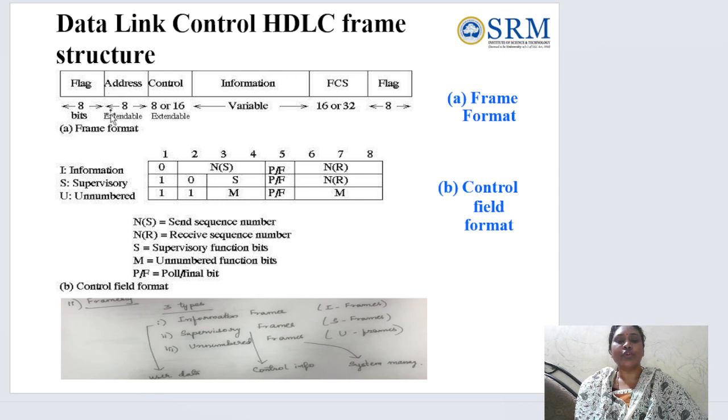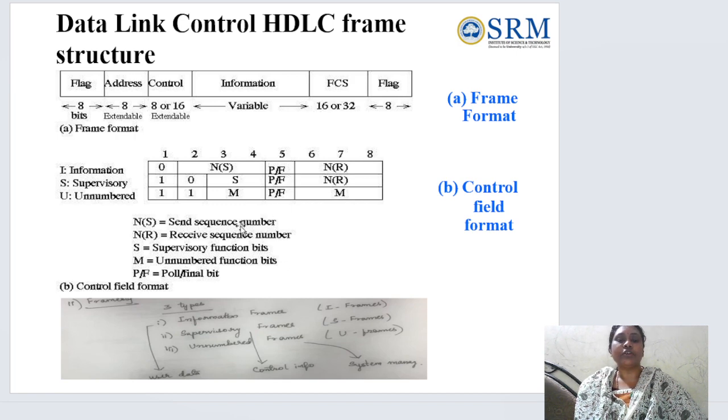Address handles 8 bits, and the control handles 8 or 16 bits, which is extensible. Then the information is variable, and the FCS, the frame check sequence, is allocated 16 to 32 bits. Finally it ends with the flag. So this is the frame structure we are going to handle.